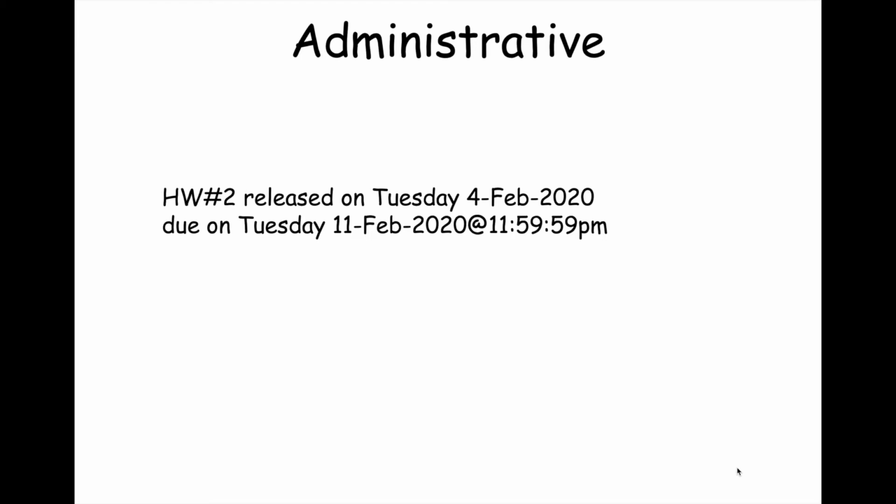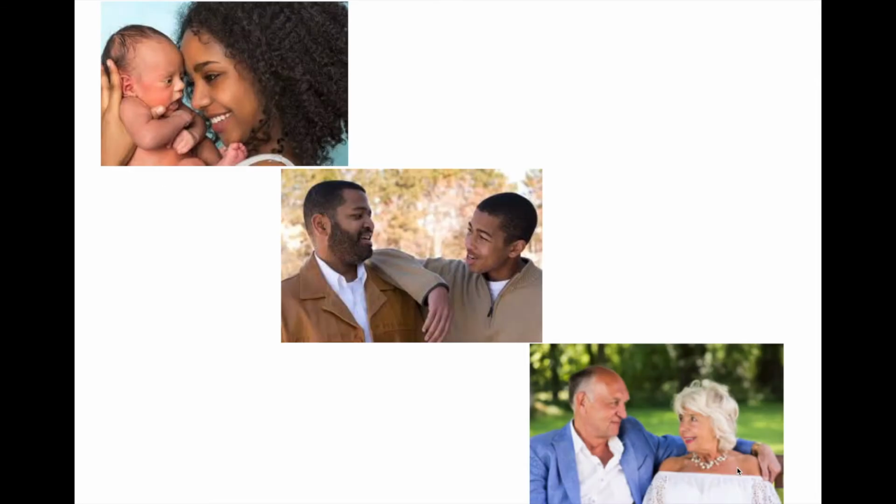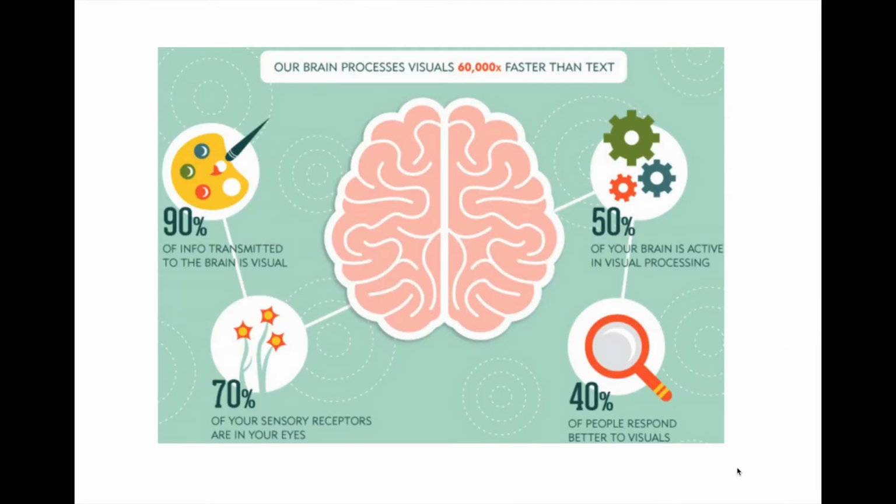Okay. So, throughout life, all stages of life, whether it's infancy, adulthood, or on through the elder years, people rely on their sight for gathering lots and lots of information about the environment in which they live. And when you look to the neuroscience, about 90% of all of the information you input is visual, whether you knew that or not.